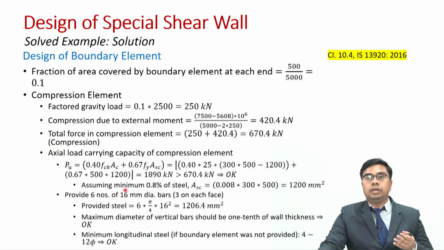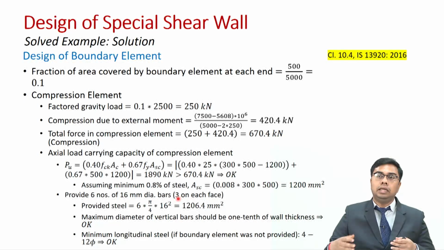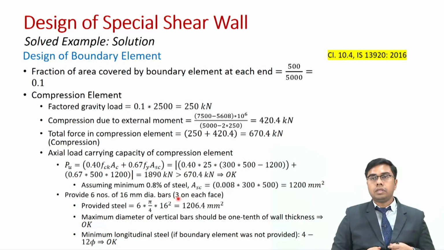Now we need to provide steel. How much steel shall we provide? Since we need at least 1200 millimeter square of steel, if we try to calculate, we can provide 6 numbers of 16 mm dia bars, 3 on each face. The provided steel shall be 1206 millimeter square, which is very marginally above the required steel.